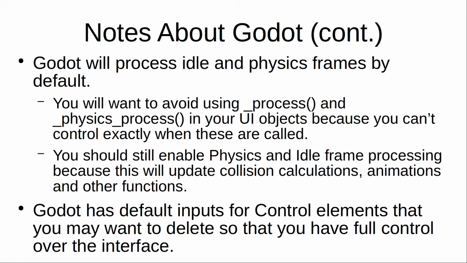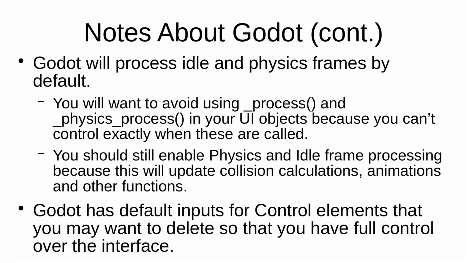Notes about Godot continued. Godot will process idle and physics frames by default. You will want to avoid using process and physics process in your UI objects because you can't control exactly when these objects are called. You should still enable physics and idle frame processing because this will update collision calculations, animations, and other functions.